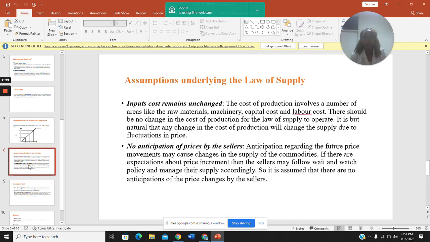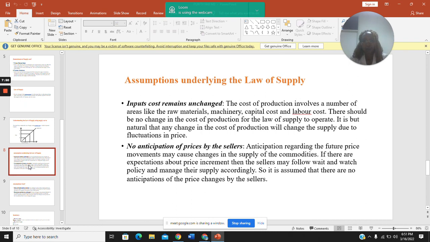Okay, let's go to the assumptions underlying the law of supply. Input costs remain unchanged. For the law of supply to apply, the input costs should remain unchanged.